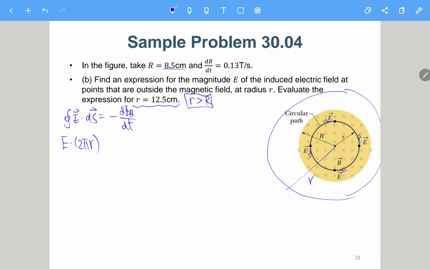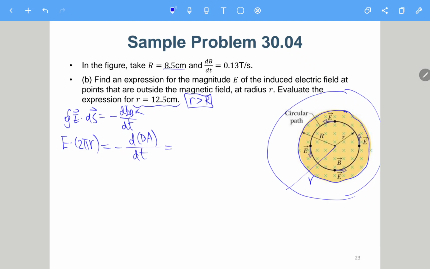Okay, and then when we talk about ΦB, it is still d times B times A over dt. Here when we talk about the magnetic flux, we only count this smaller circle rather than the whole one, because there is no B field outside.